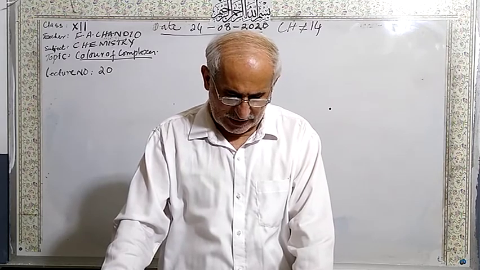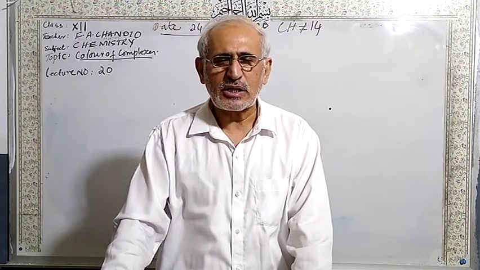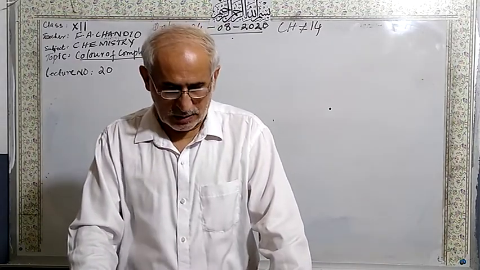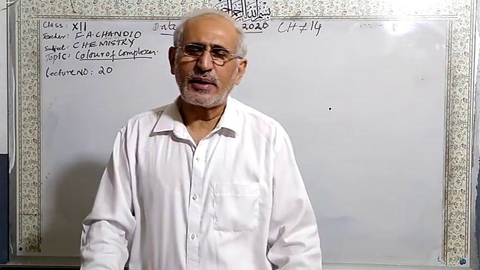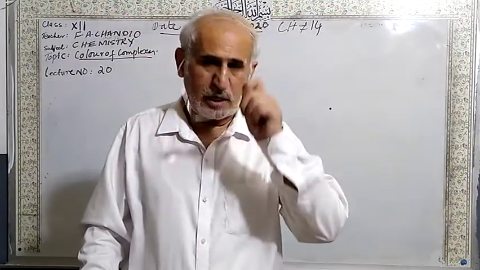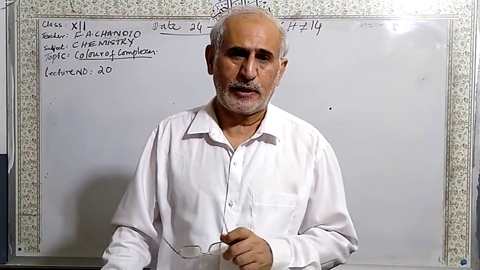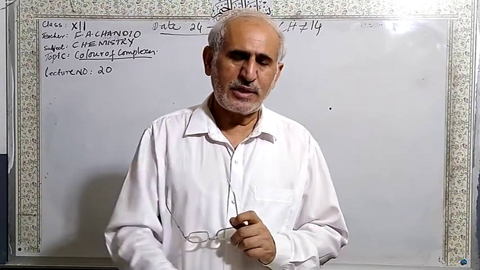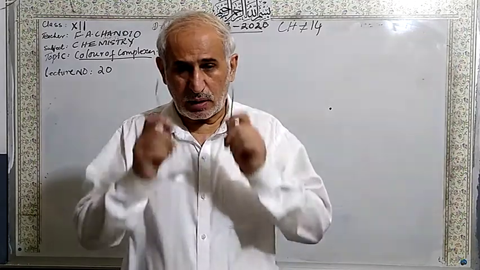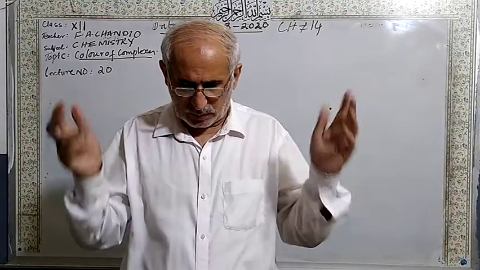Iron positive 3 has 5 unpaired electrons and gives yellow color. So these transition metal ions impart color depending upon the number of unpaired electrons in the d orbital. Students, this is the coloration of transition metal ions or complexes.